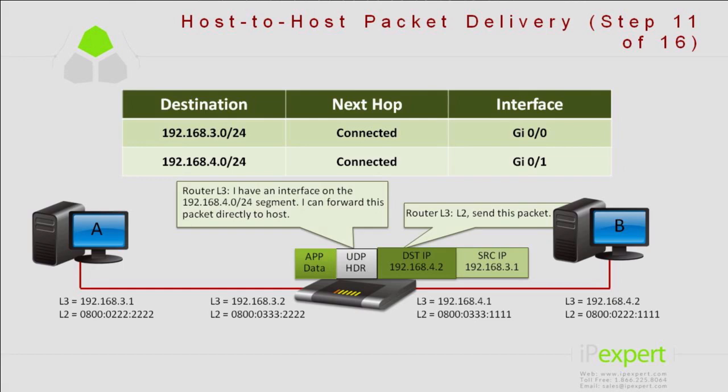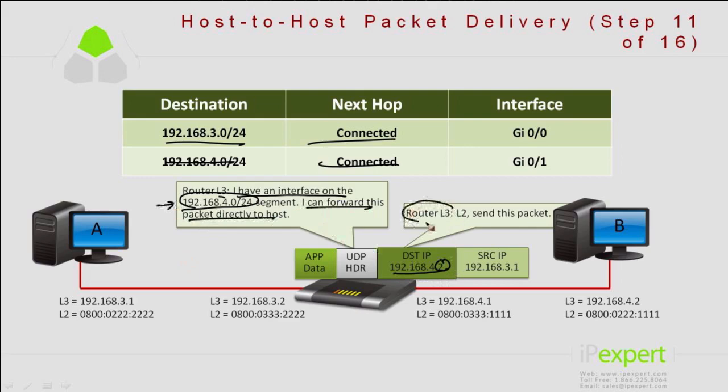We see that we have two networks. They're both connected, so we're not using any IGPs. The router at layer 3 says, I have an interface on the network 192.168.4.0, and 192.168.4.2 is where we're going. I know about that network, so I can forward this packet directly to the host.